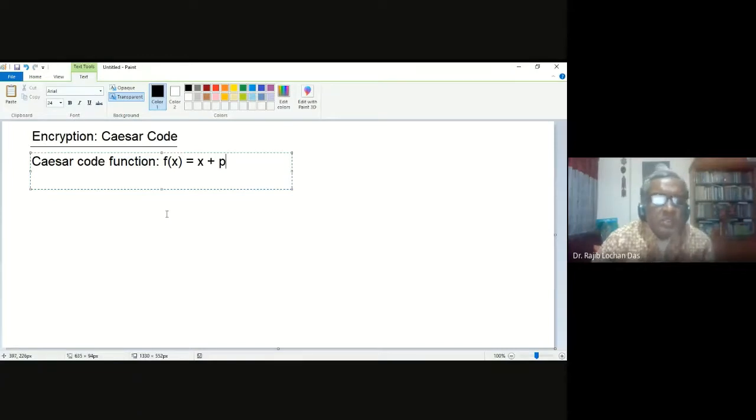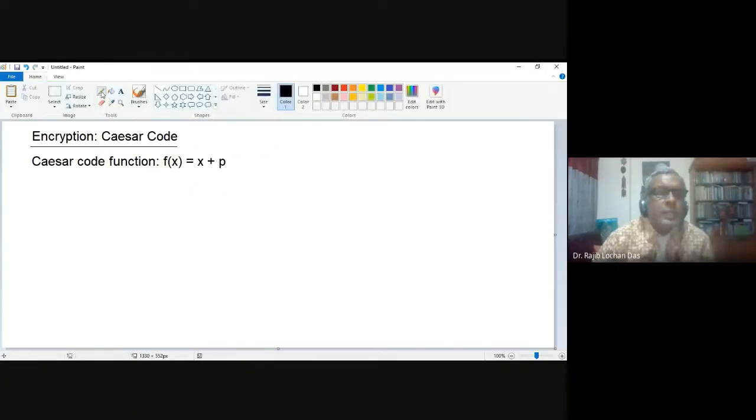So this is the function pattern, and sometimes it is also called the Caesar code encryption technique. It is also called shifting, or shift operation code.